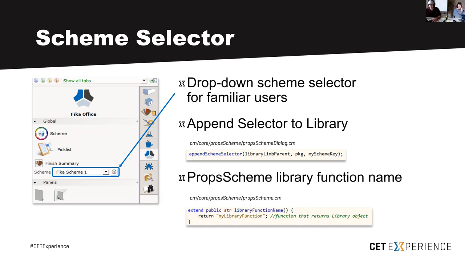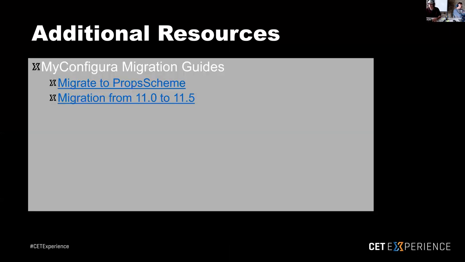And looks like we're right at time. I was just going to note real quick, there are some resources. I'm sure you're all familiar with the migration guide. There is a separate guide specifically for prop schemes that has migration information and new feature information, all the stuff that we covered in this presentation. So you can look there.